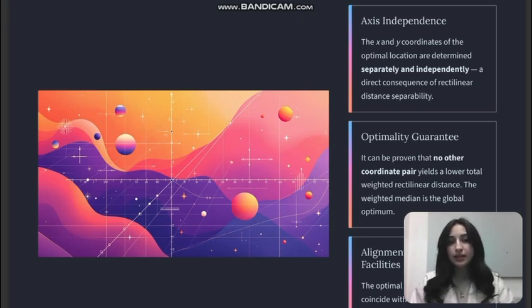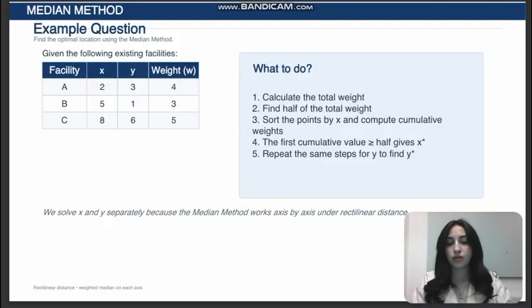This method guarantees optimality, meaning that no other coordinate pair yields a lower total weighted rectilinear distance, and so the weighted median is the global optimum. Alignment with existing facilities is another point. The optimal coordinates will coincide with those of one or two existing facilities.